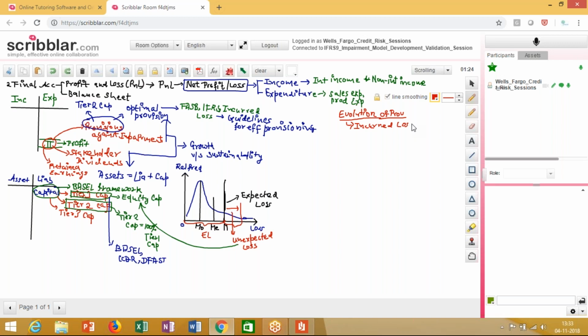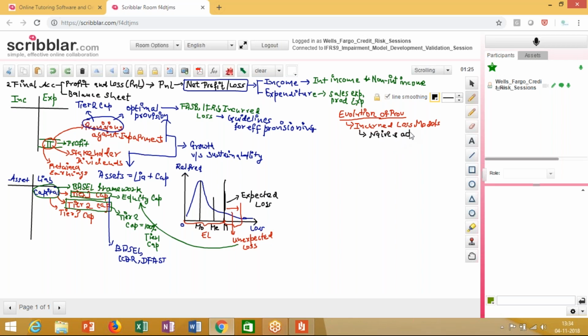Incurred loss models are models which provision after the event has actually occurred, and hence this method of provisioning is very adaptive in nature. It's naive and adaptive.